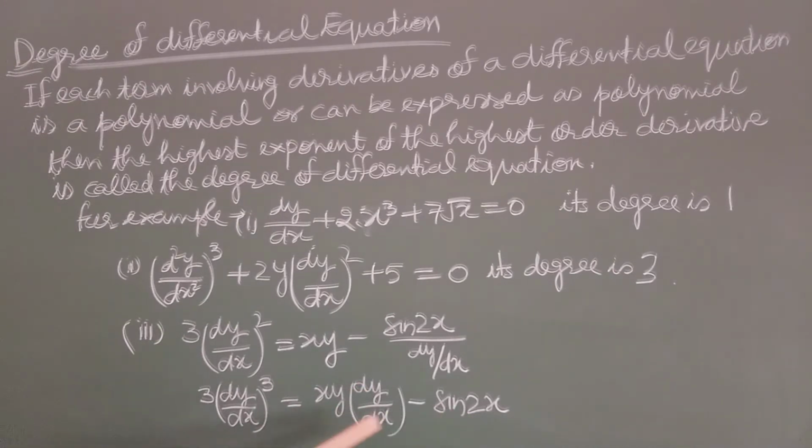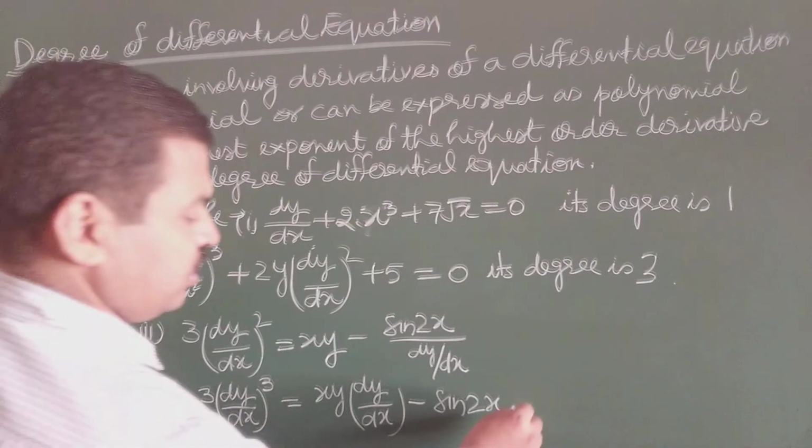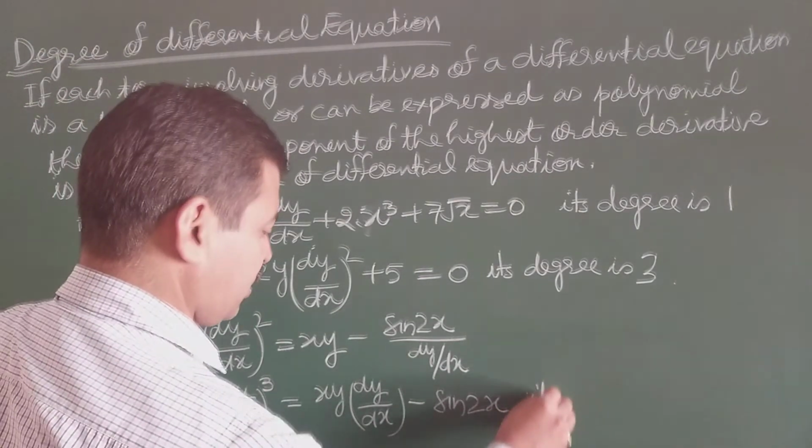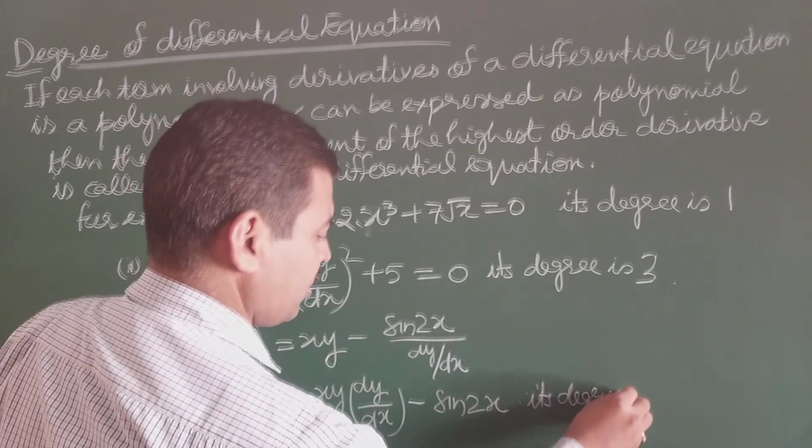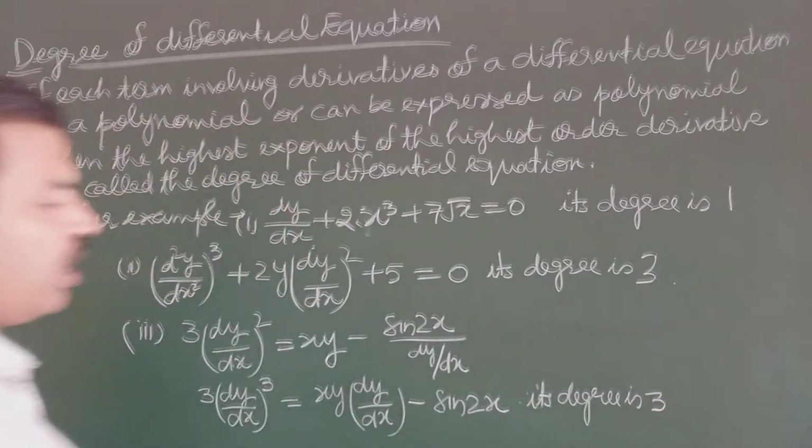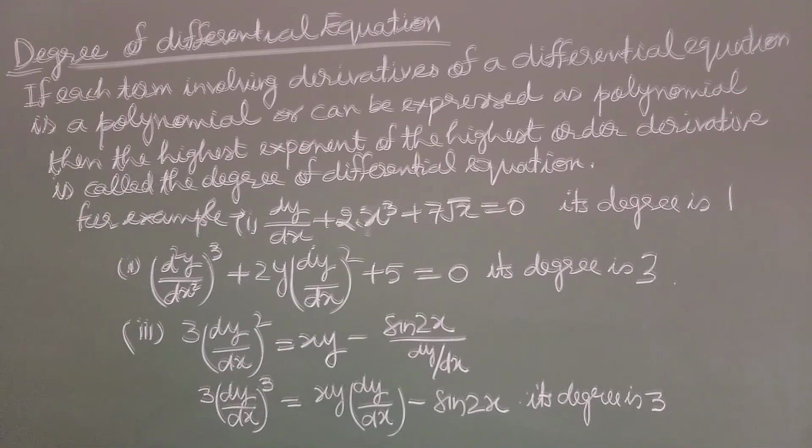Now each term of this equation is a polynomial. So its order is 1 and its degree is 3. The power of the order is known as degree. Correct? So its order is 1. Here the power of the order is 3. Correct? The highest power. So that's why its degree is 3. Correct?